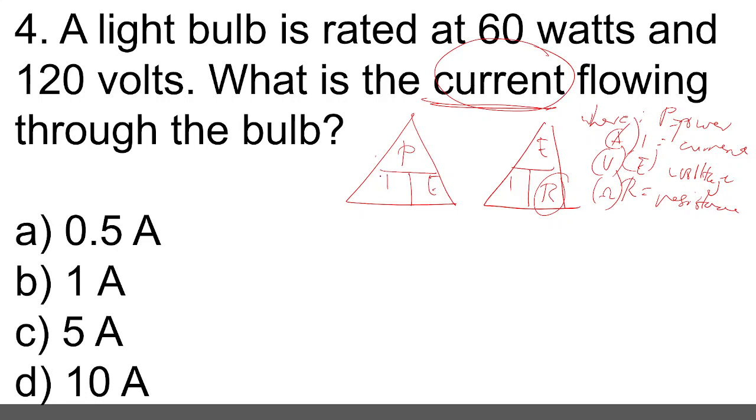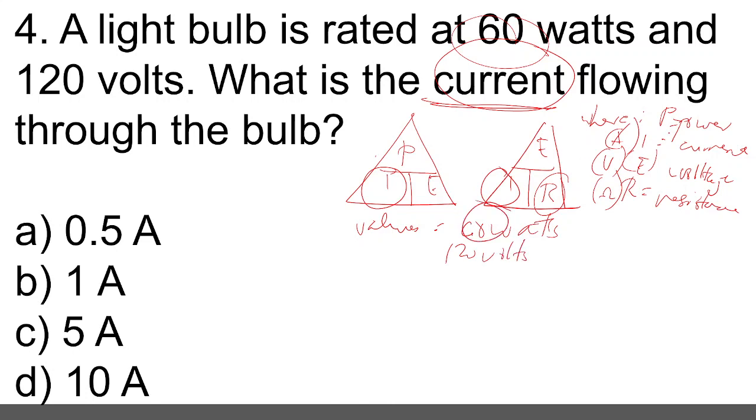For current, we can use the formula I, either P over E or E over R. Of course, you don't know which formula to use, so you have to look at the values presented. What values? We have 60 watts and 120 volts.